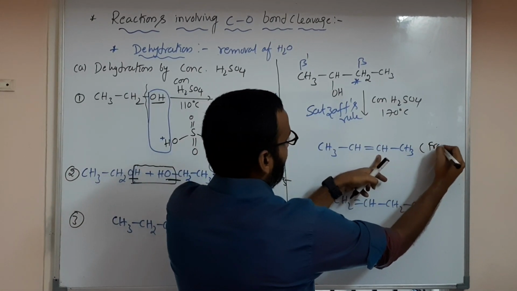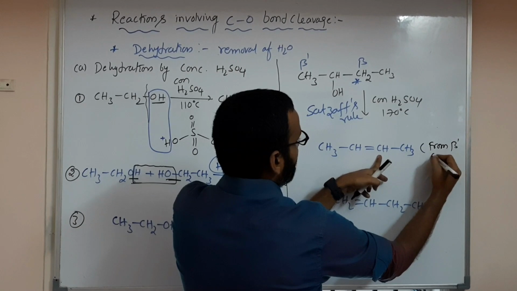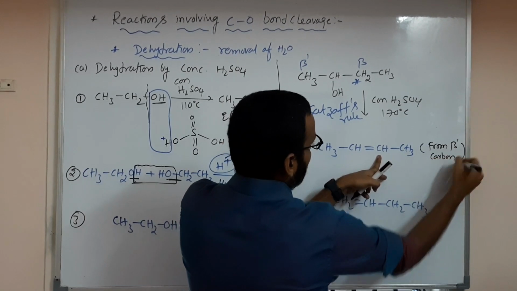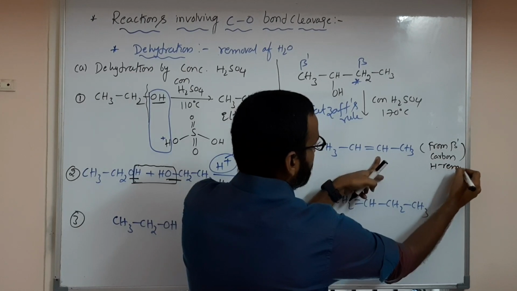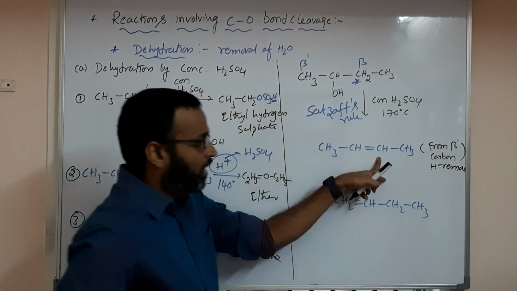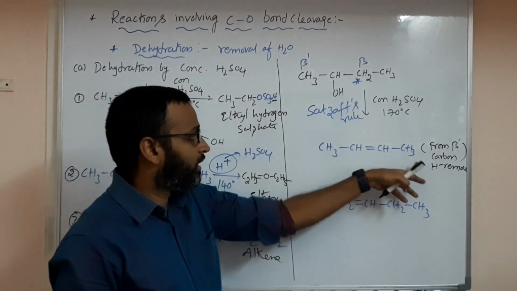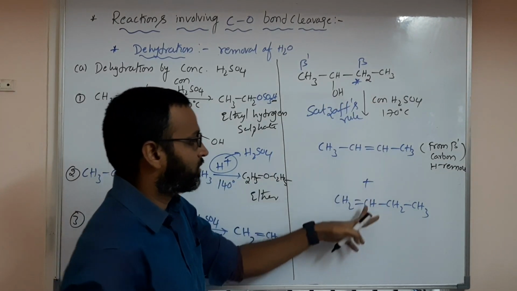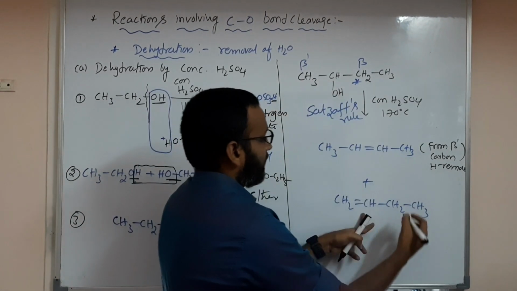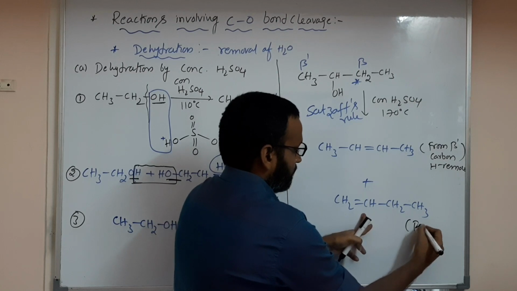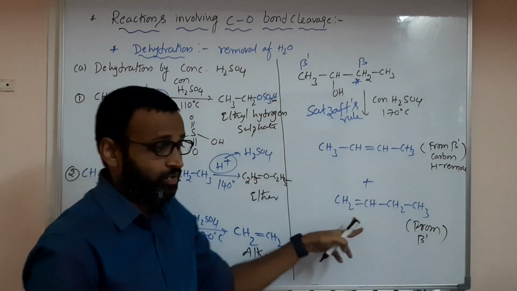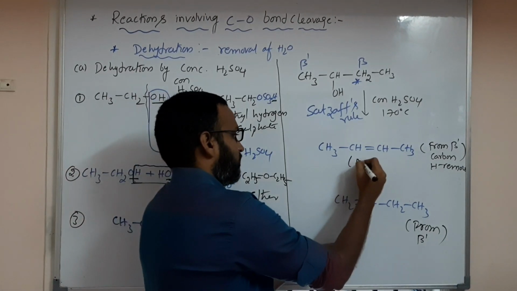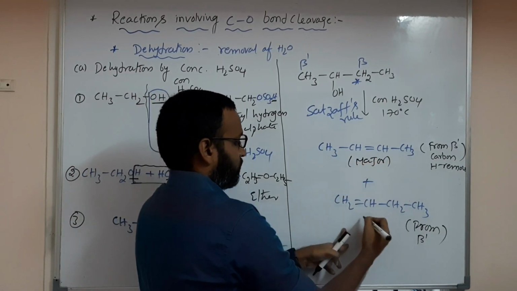So from beta carbon, hydrogen removed, then this product. Now hydrogen removed from beta dash, this one product, this one major and this one minor.